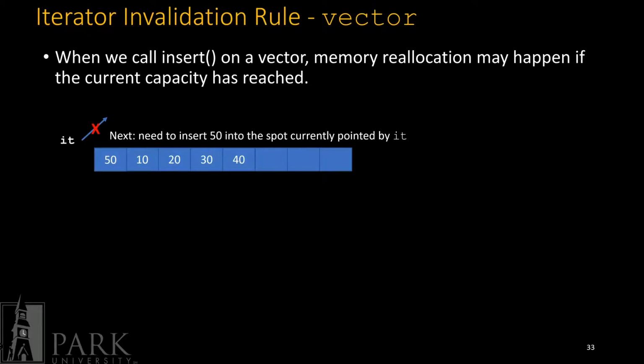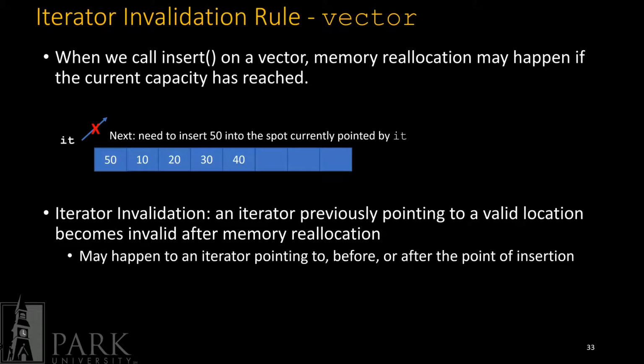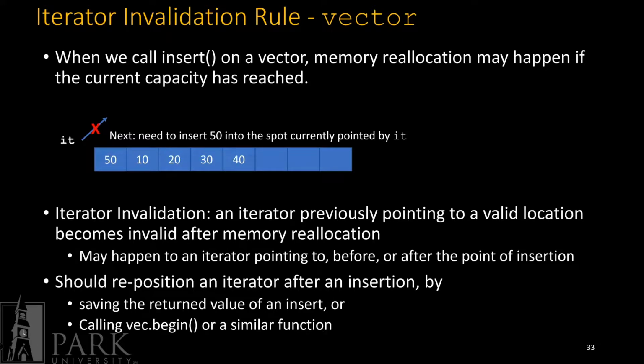This is called iterator invalidation. And this may happen to iterators pointing to, before, or after the point of insertion. Because of iterator invalidation, we should reposition an iterator after an insertion by saving the returned value of an insert or calling vector.begin or a similar function.